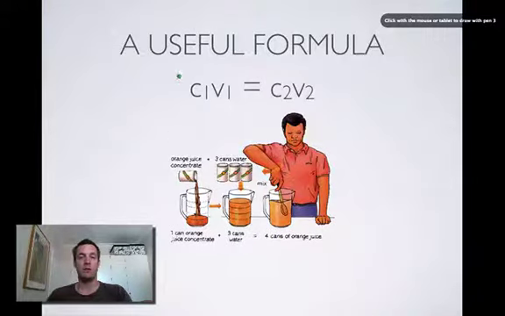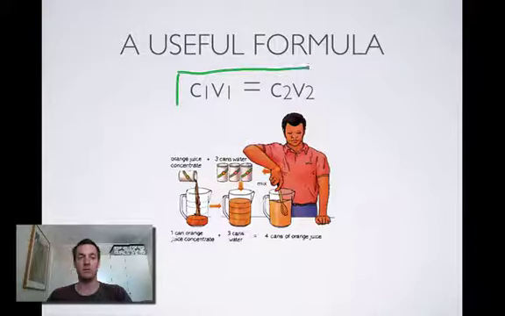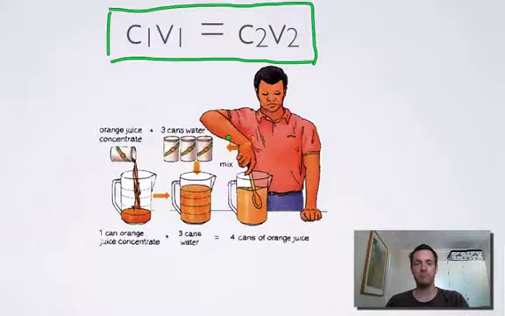A really good formula to be able to remember is this one, C1V1 equals C2V2, but much more important than just being able to remember it is being able to rearrange it and to understand what these symbols actually mean. So if we look at this picture of some chap making himself some orange juice, starting with a concentrate, we can understand what these symbols mean in this context.